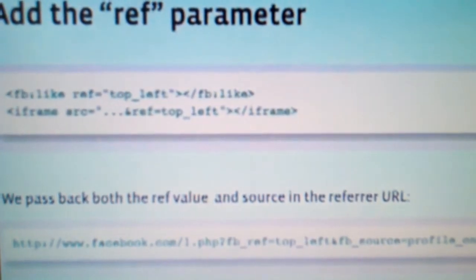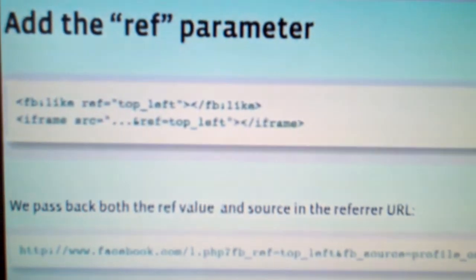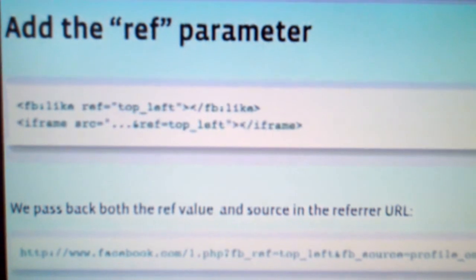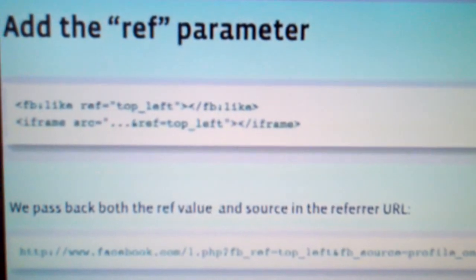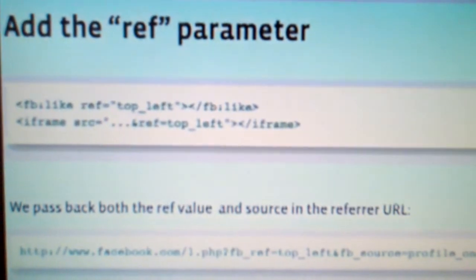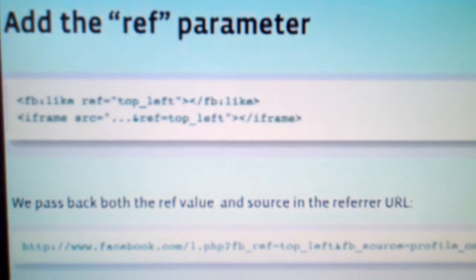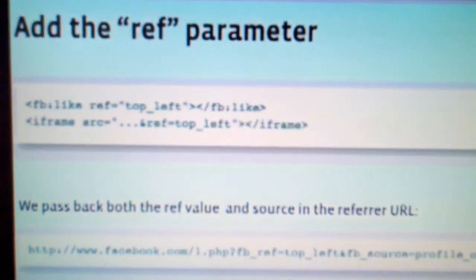So in this example that you see here, you can specify ref equals the placement. And here we show that, let's say you place it on the top left, and if you pass that in as a parameter to the like button, we will pass back both that referral value that you put in and the source in the refer URL.